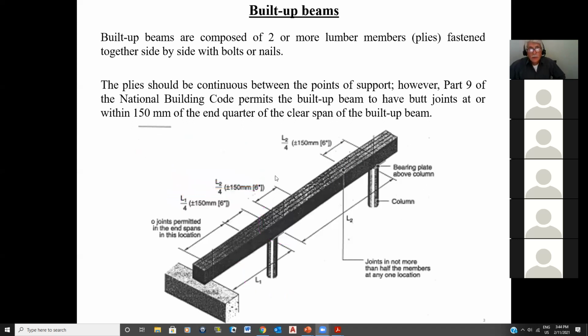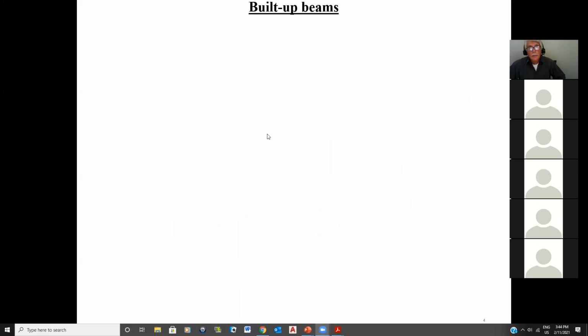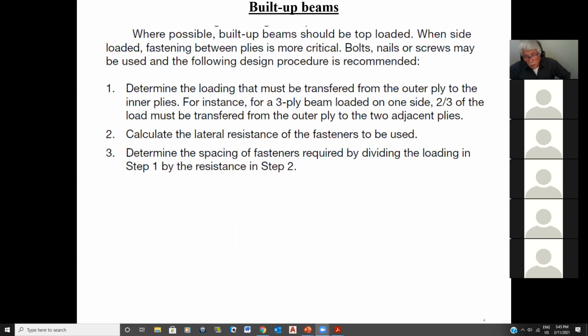Okay, so now more details about built-up beams that you guys should keep in mind. Where possible, built-up beams should be top-loaded. Now what that means is, here is my beam in cross section.